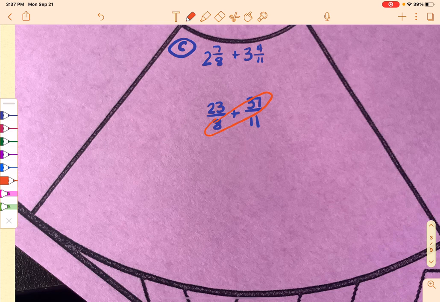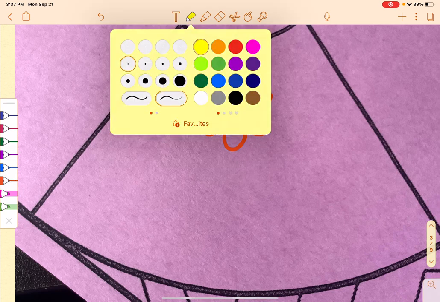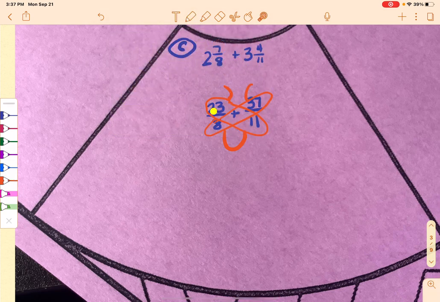Now we're going to get our butterfly part set up. So I have 23 times 11. So 23 times 11 is 253. 8 times 37 is the next one. So 8 times 37 is 296.